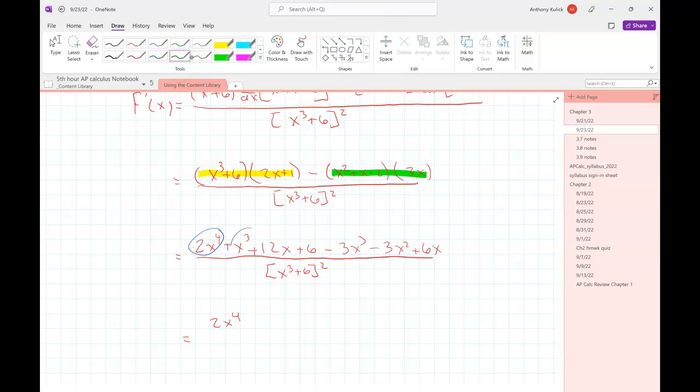Then I have 1x cubed minus 3x cubed, which gives me minus 2x cubed. That's my only squared term, so I have minus 3x squared. And then I have a 12x and a 6x, which gives me an 18x plus 6.